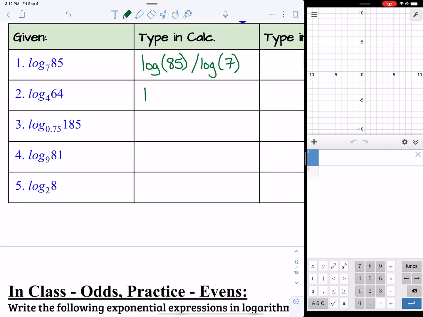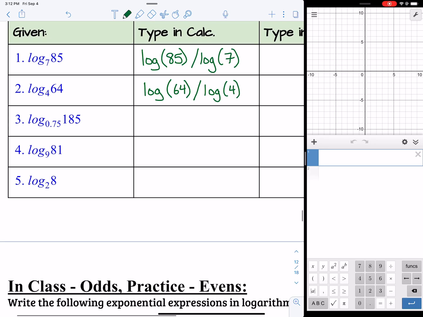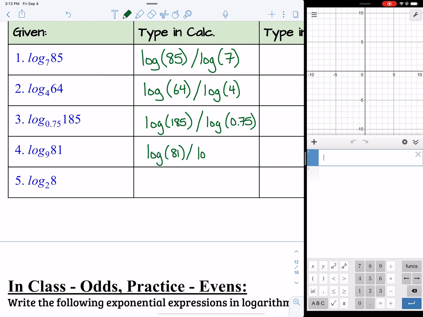You could type log of 64 for number 2 divided by log of that little base number, which is 4. This is called change of base method. For number 3, you would type log of 185. Notice I closed that parentheses, divided by log of 0.75. For number 4, we would do log of 81 divided by log of 9.